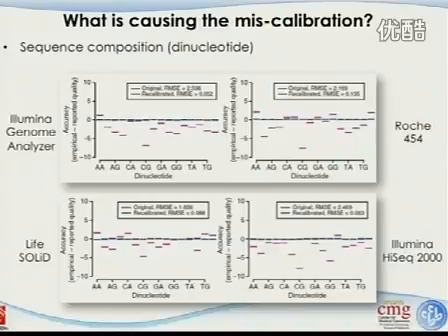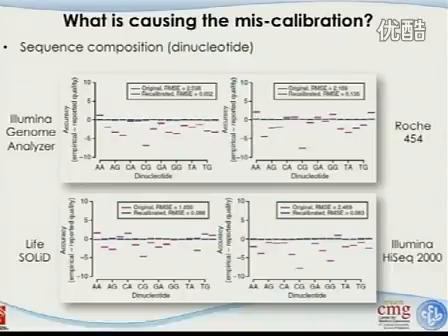And so they want to look at whether for different dinucleotides, there's some systematic error. We can see that for Illumina Genome Analyzer, again, most of the things are not really accurate. And this is Roche. So you can see that for most of the platforms, this is CG, and they kind of miscalibrated. Okay? That makes sense? All right.